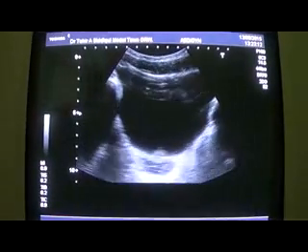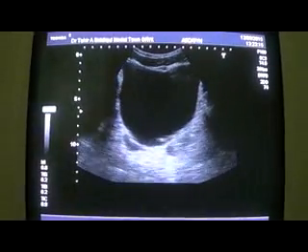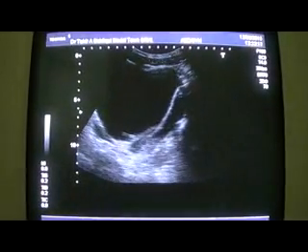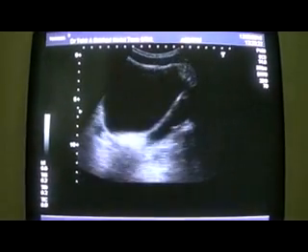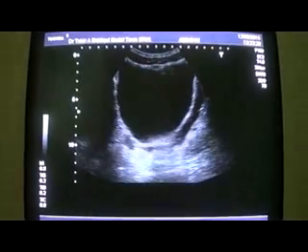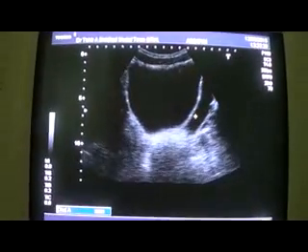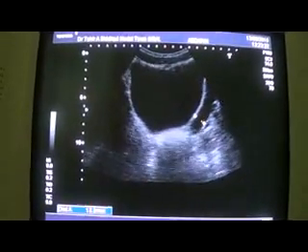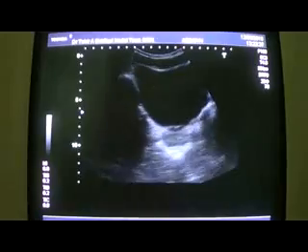Now here, this is the urinary bladder. There are two areas to be studied in this case. This is the dilated distal ureter on the left side, 13.1, up to 7 is normal.